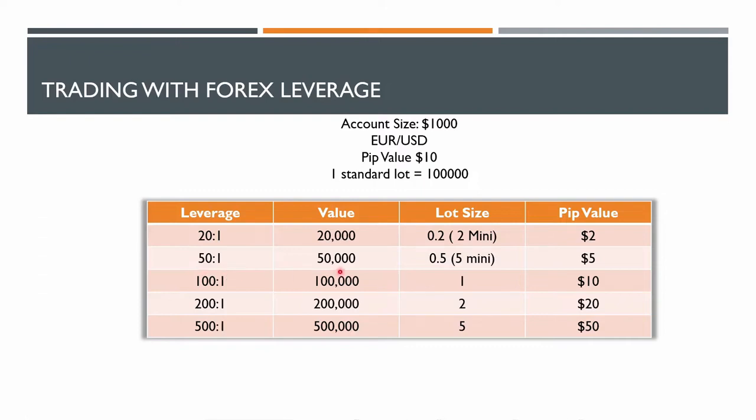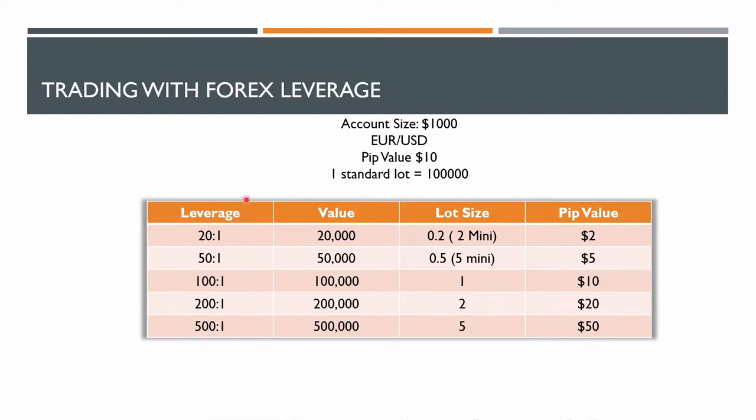When it's 50-to-1, we could trade $50,000, which is 5 mini lots and $5 per pip. And when it's 500-to-1, we could trade $500,000 and a maximum lot size of 5 standard lots, which is $50 per pip.